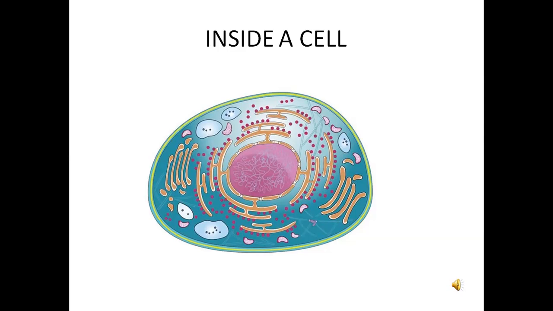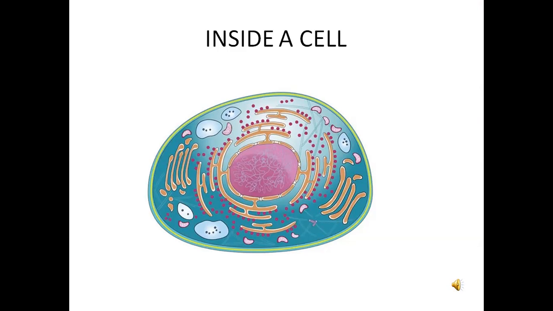Each one has a specific function for the cell, and if any one organelle stops its function, then the cell is programmed to die. So each and every cell organelle is very important for the cell to function.